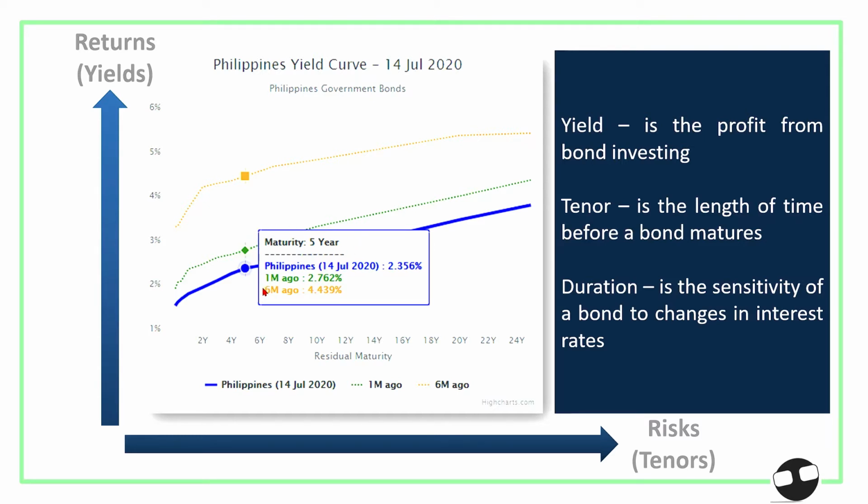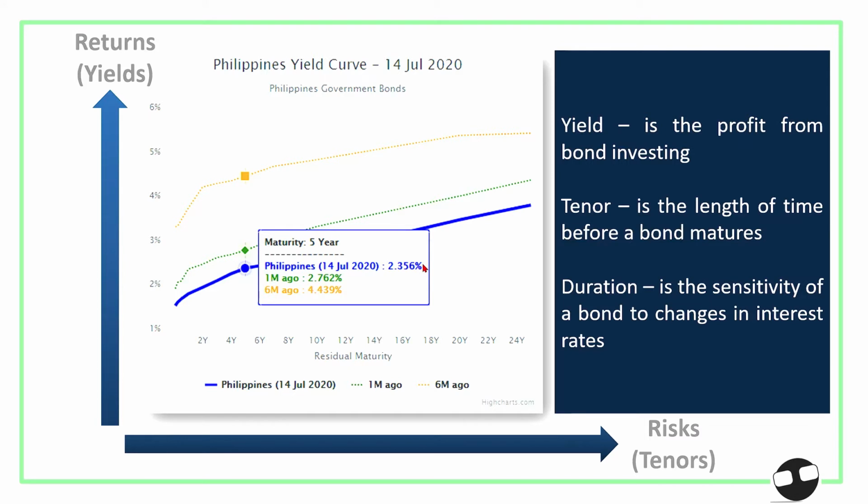Let's say the yield 6 months ago is around 4.4%, a month ago it's around 2.7%, and the latest figure we have as of July 14 is around 2.3% gross per annum.